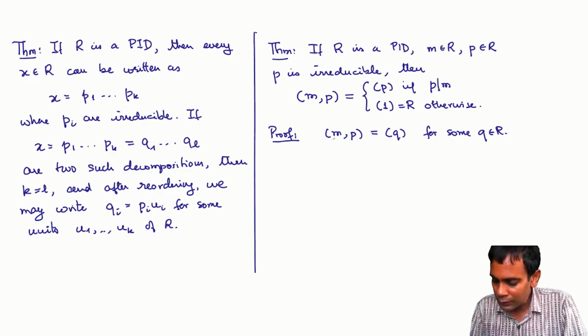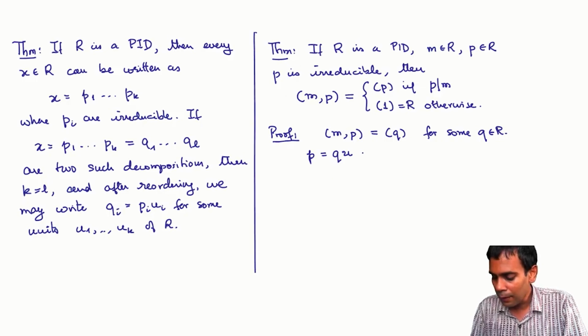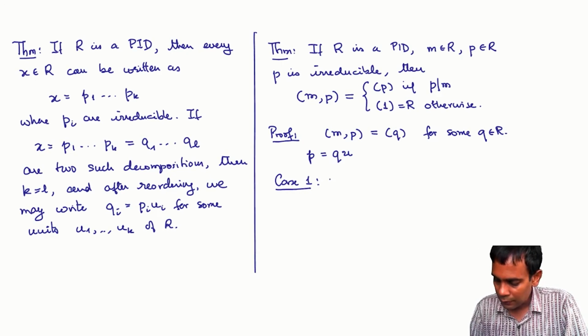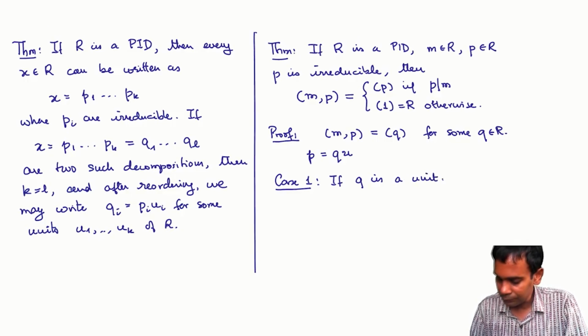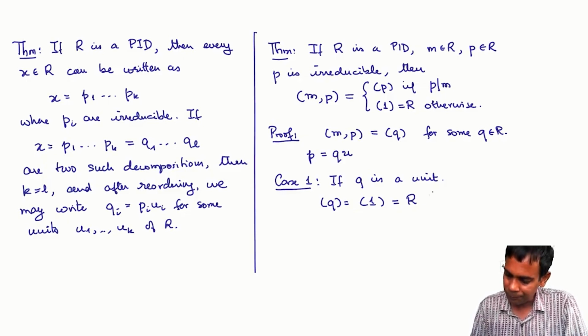What this means is that p is equal to q times something, because p lies in the ideal generated by q. So p is q times some element u. Now there are two cases. Case 1: if q is a unit, then the ideal generated by q is the same as the ideal generated by 1, and that is R. So we are in the second case.